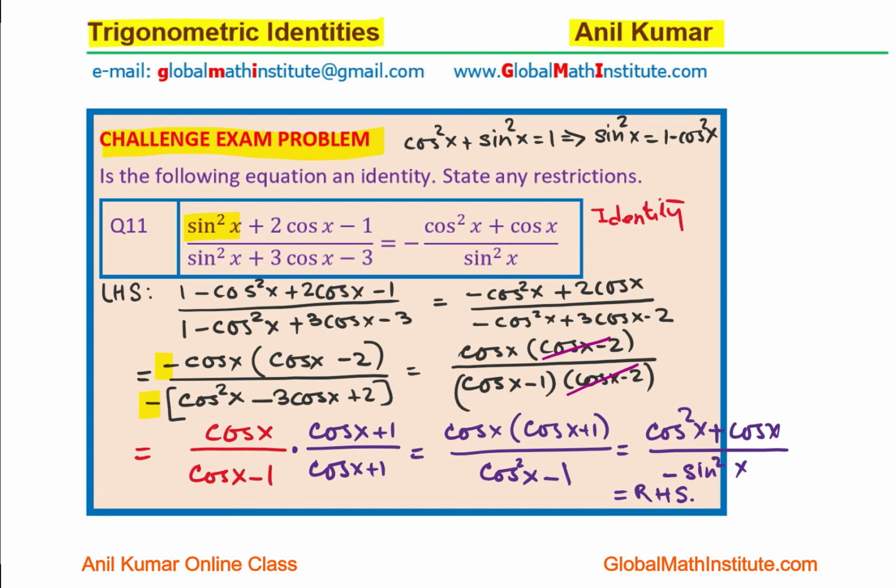Perfect. Now let's get back to the restrictions. We see cos x is in the denominator, and plus 1 and minus 1, both the terms are there. So in that case, we also have cos x equals 2, but cos x is maximum 1, right? So the restriction is what? Let's write down the restrictions also.